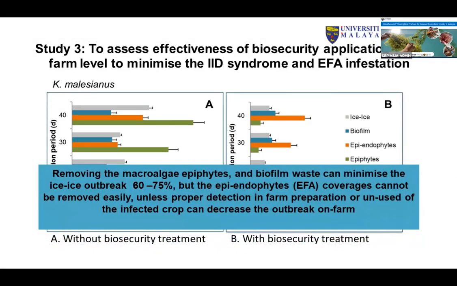Removing the macroalgae epiphyte and biofilm waste can minimize the ice-ice outbreak by up to 75%, but the epiendophyte coverage cannot be removed easily, unless proper detection during farm preparation or not using infected crop can decrease the outbreak on the farm.